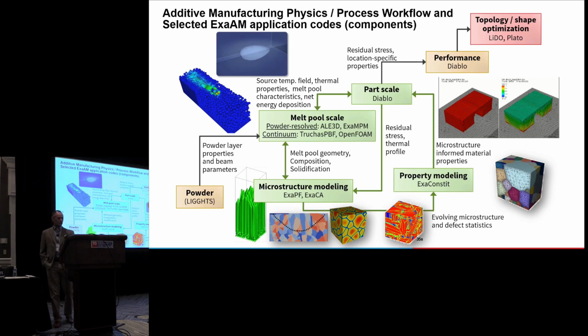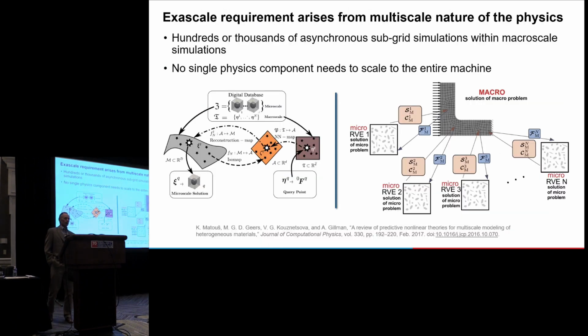What that means is we're not really talking about a single code or application that needs to scale to the entire machine. It's really more about continuum level simulations that are firing off dynamic asynchronous subgrid models, hundreds or thousands of those, to inform the larger length scale models.